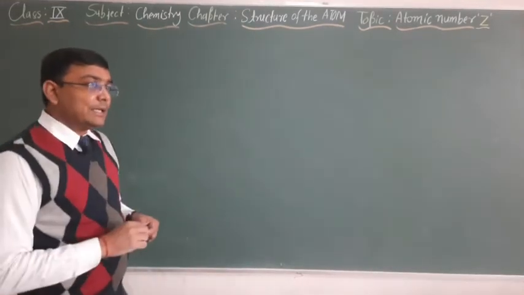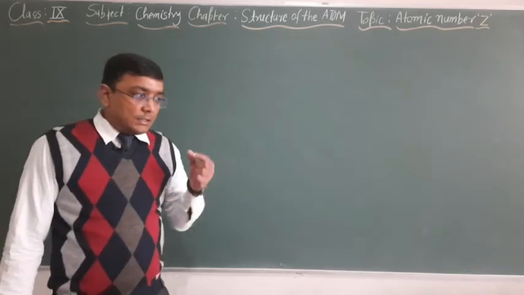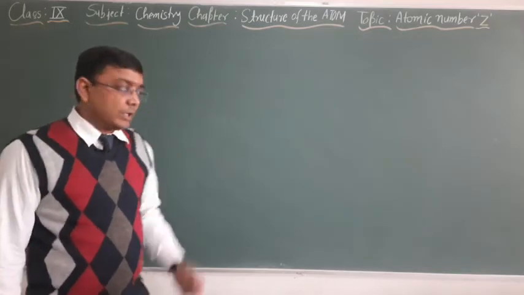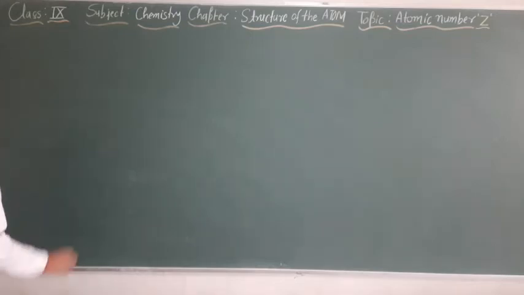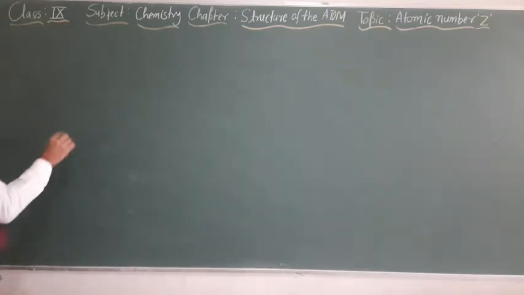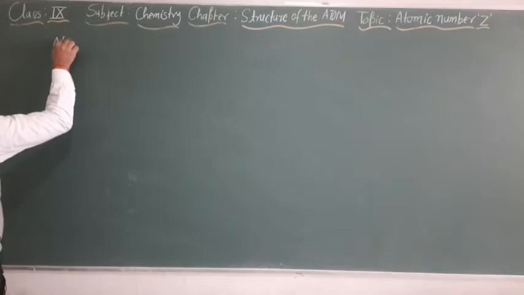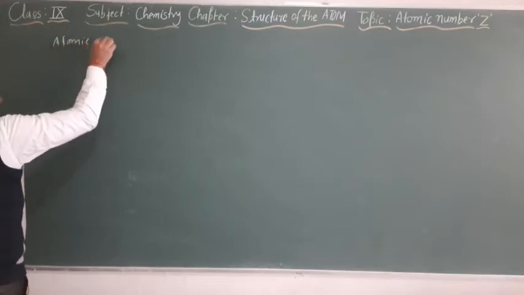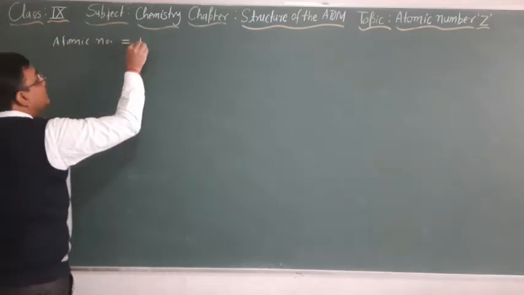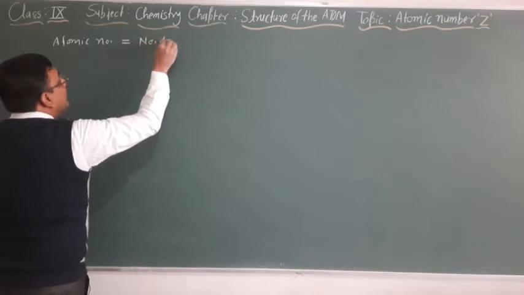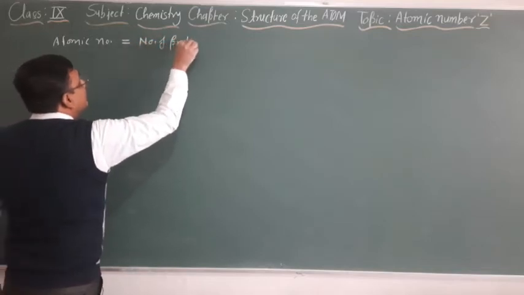Now we have clearly understood that the number of protons is responsible for the atomic number, or we can say the atomic number is equal to the number of protons.